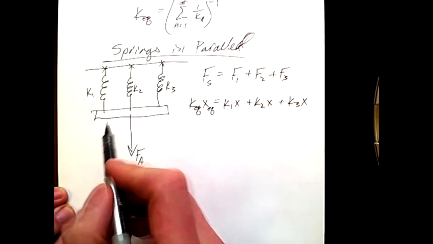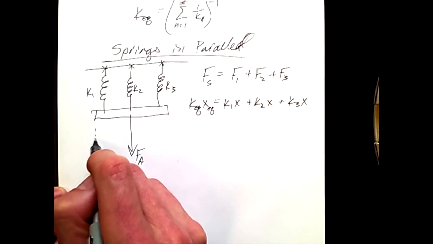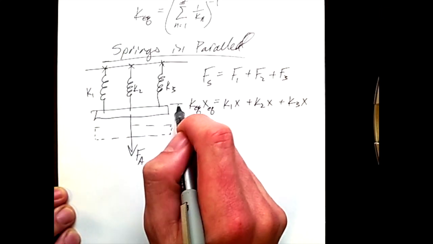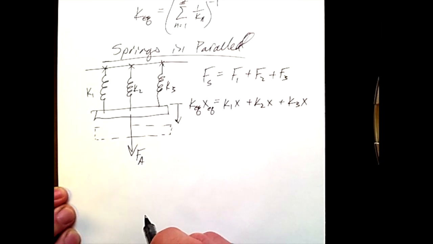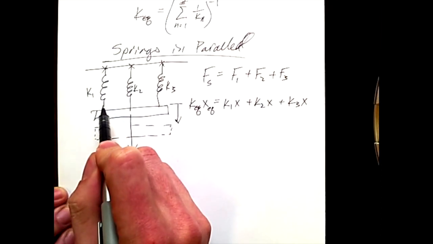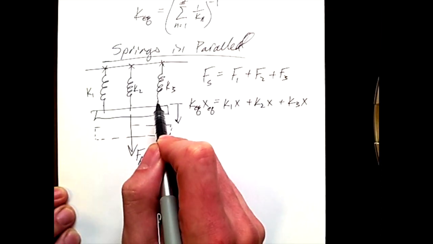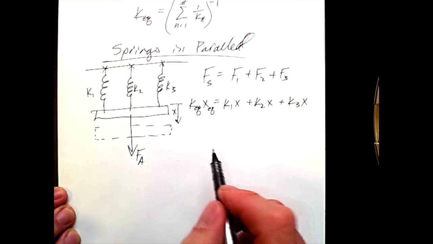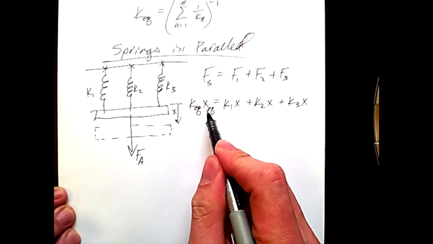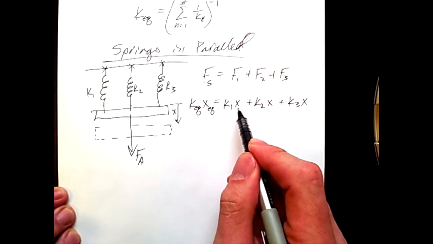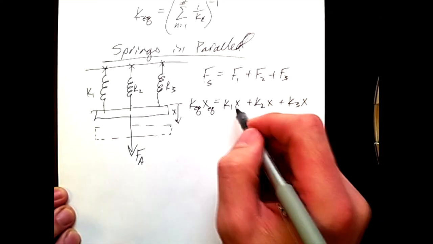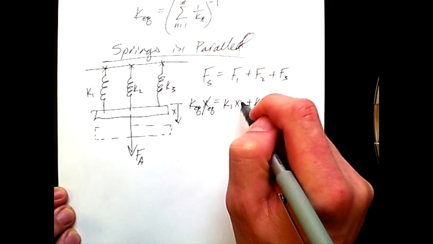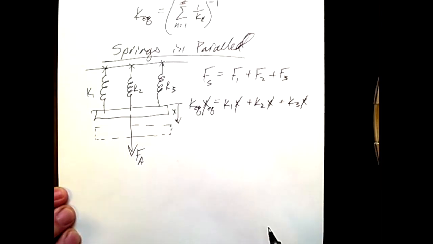But the reality is that if I pull on this object and displace it down to here, then from here to there is my displacement. And the displacement is the same for k1, k2, k3, and is ultimately x for the entire system. That's to say that the equivalent displacement is x, x, and x, or x1, x2, and x3, which is why I've omitted the subscripts. And so this cancels across the board in this scenario.